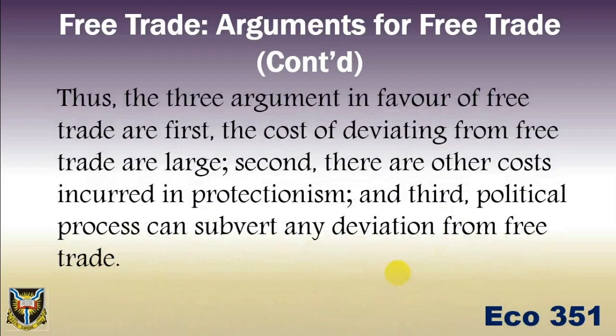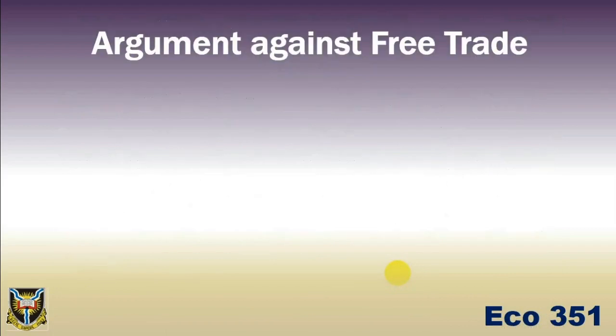In sum, the three arguments in favor of free trade are: first, the cost of deviation from free trade are large. Second, there are other costs incurred in protection. And third, political process can subvert any deviation from free trade. Arguments against free trade.